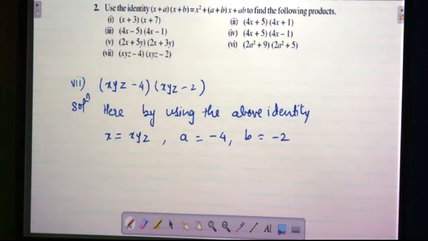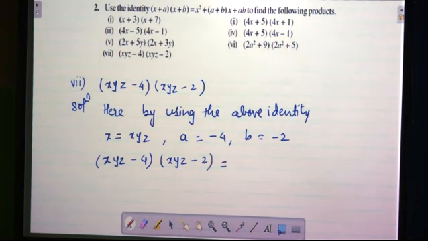So, it is equal to xyz minus 4 in one bracket, xyz minus 2 in second bracket.